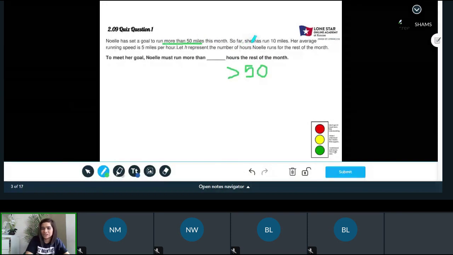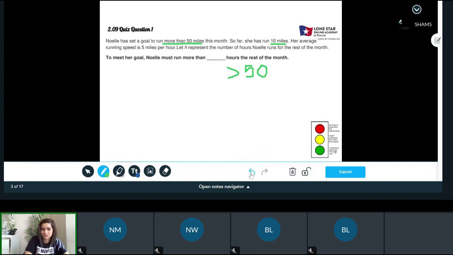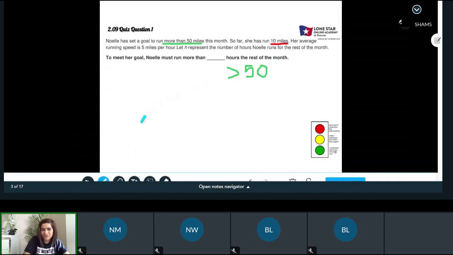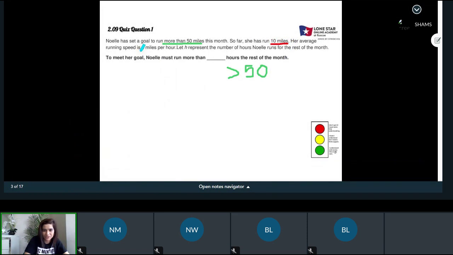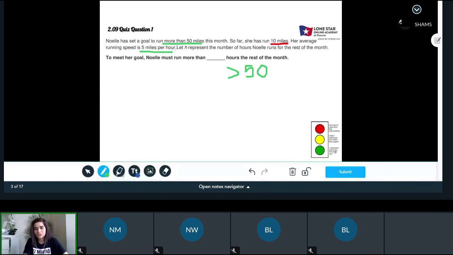So far, she has run 10 miles. Her average running speed is 5 miles per hour. That's her average speed, right? Let H represent the number of hours Noel runs for the rest of the month. To meet her goal, Noel must run more than dash hours for the rest of the month.